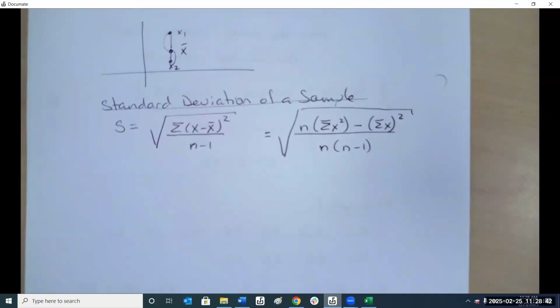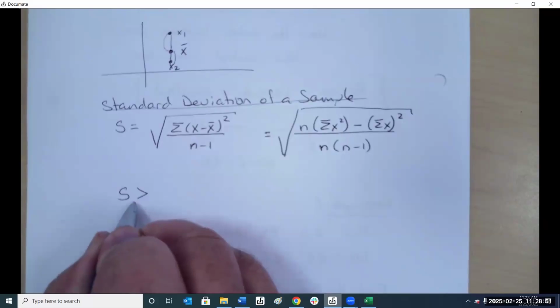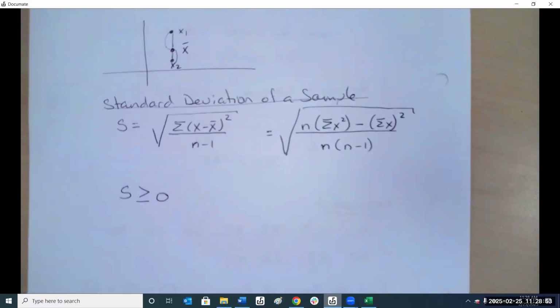Notice the standard deviation can never be negative. Why can the standard deviation never be negative? Can anybody guess? Because of what?